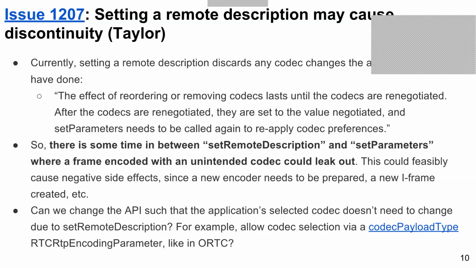And then the application is calling set parameters to say explicitly, no, I don't care what you asked for, I'm going to send what I want. So set codec preferences is for what we generate in our own offer or answer that we send to the other side. But this is a question of whether we override the remote preference for what we send.